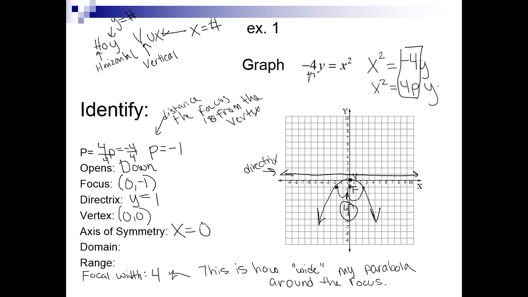Domain is just like last time, and the domain of any parabola we said was all reals. Your range, just like last time, I have an upside down parabola, so my y must be less than 0. I have graphed the very first focus and directrix parabola for you guys. Let's take a look at the second example.